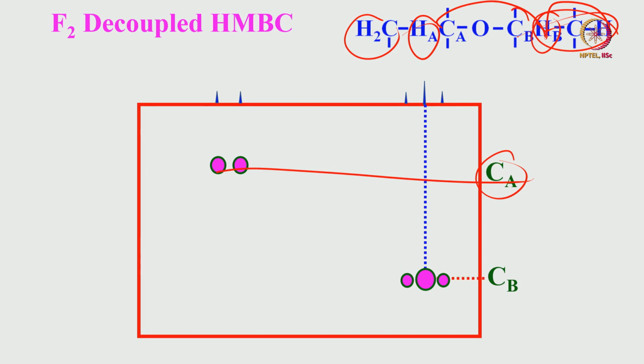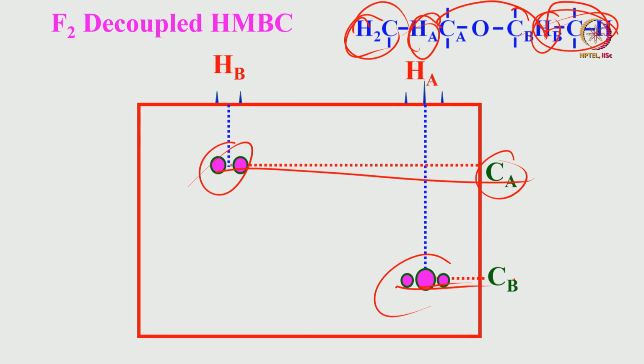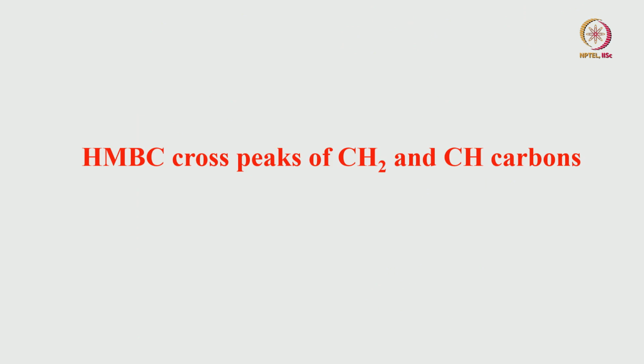That is what happens, it is a doublet. Same way here at the CB chemical shift, which is correlating to HA, that you are breaking, but this will be a triplet because of this, that is seen here. This is the decoupled HMBC. This is what we are going to see.